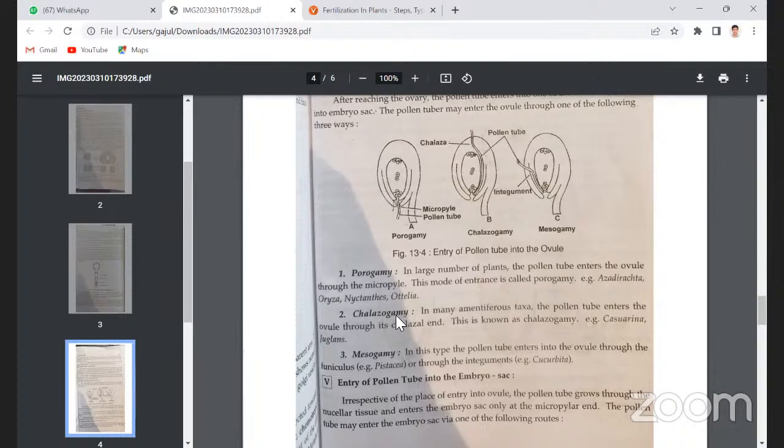chalazogamy. In many casuarinaceous taxa, the pollen tube enters the ovule through the chalazal end. You observe the second diagram.